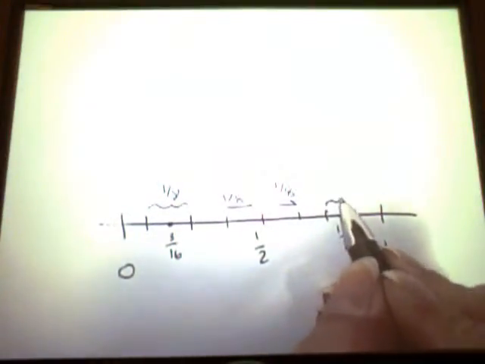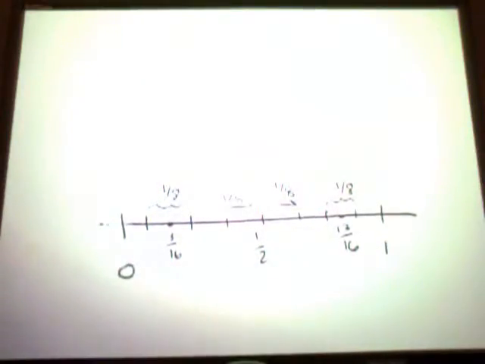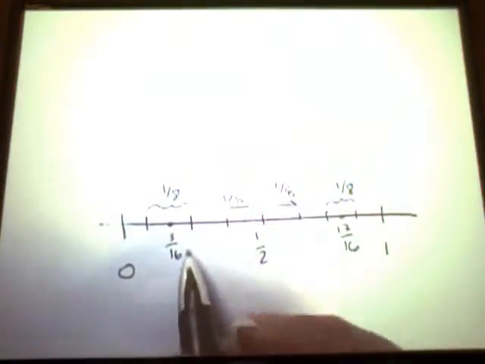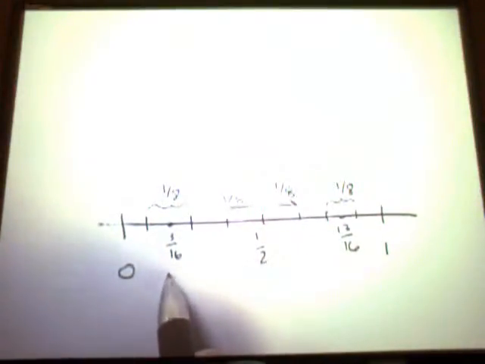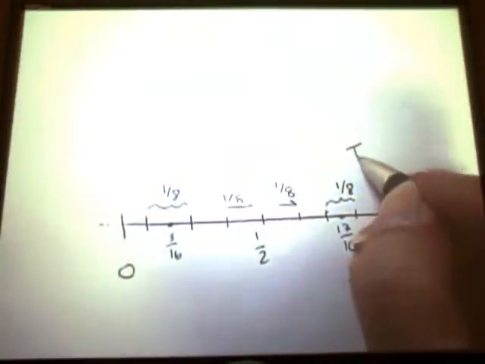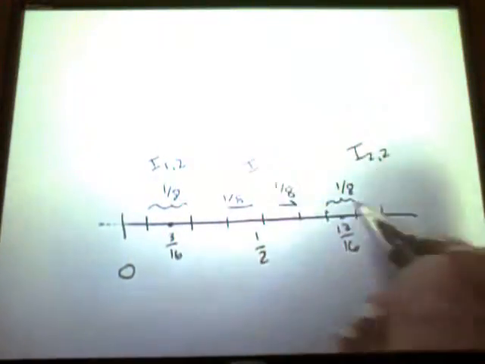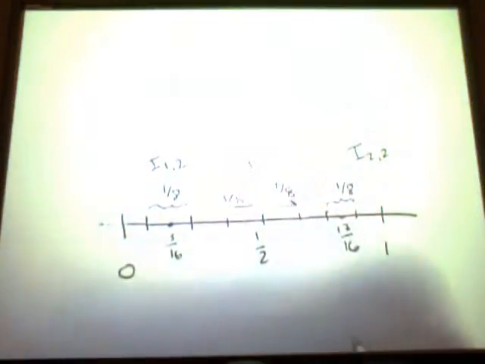Now, I would say the first interval on the left is I_2,1 and the one on the right is I_2,2. So F_11, F_21 and F_2. I don't know whether it's one way or the other.